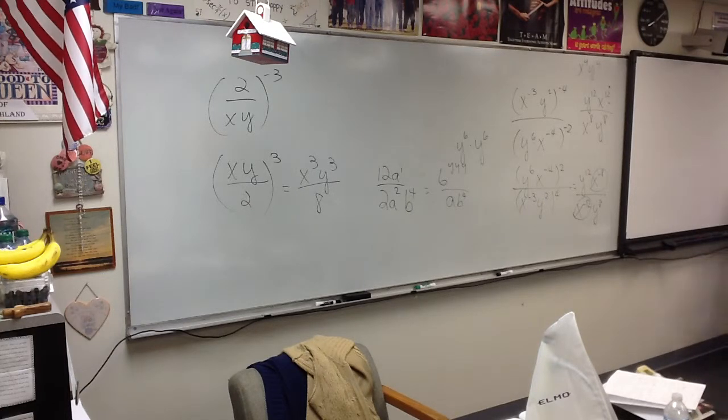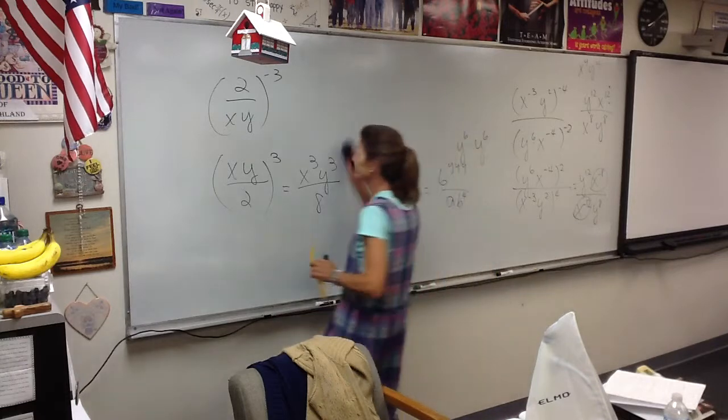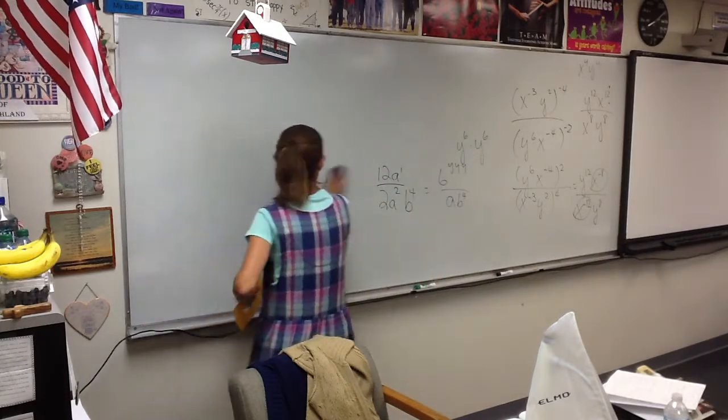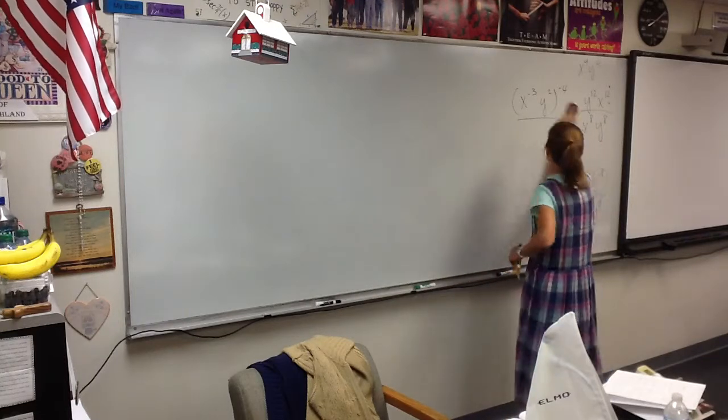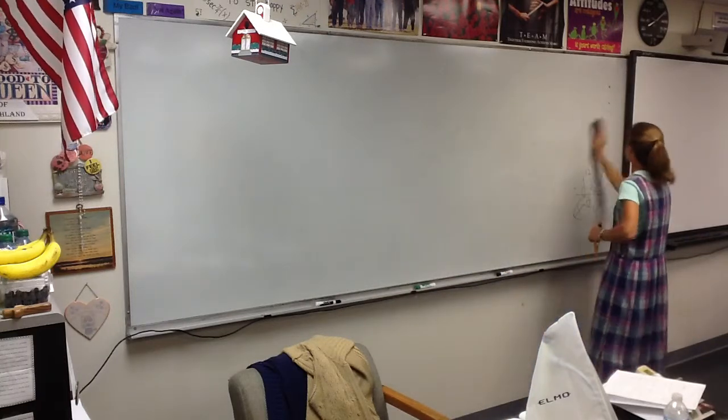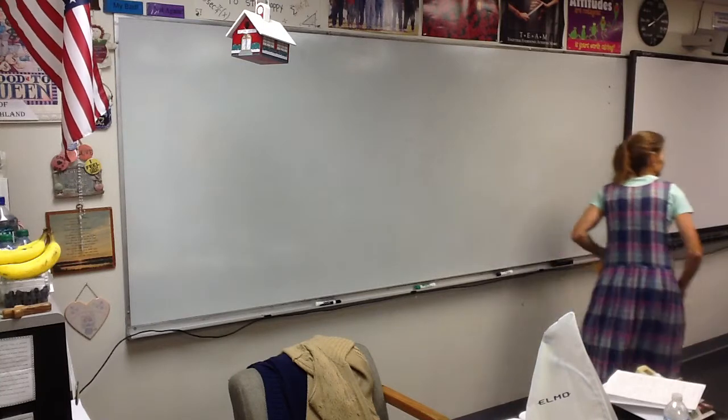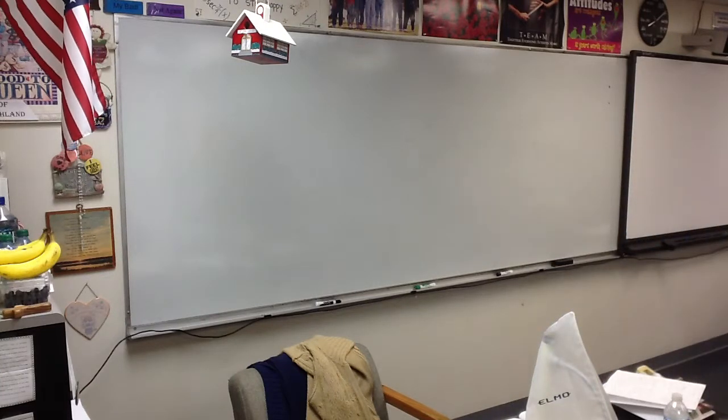All right. Okay. Get out a half a sheet of paper. Okay, we're pairing up, so you two are a team, you two are a team, you two are a team.